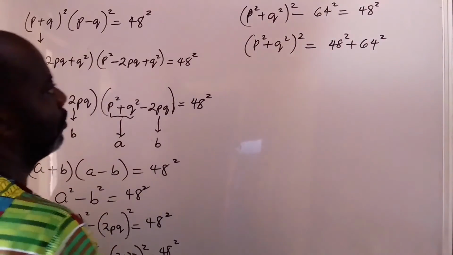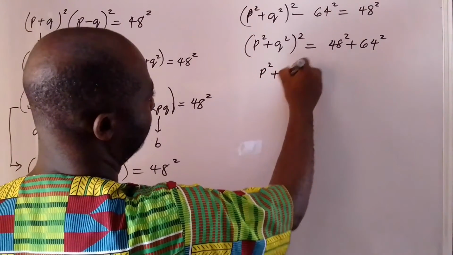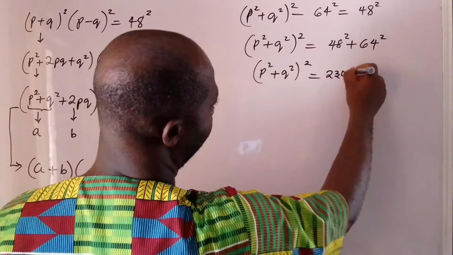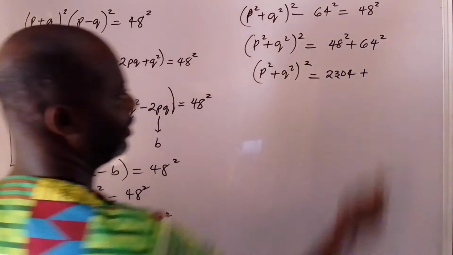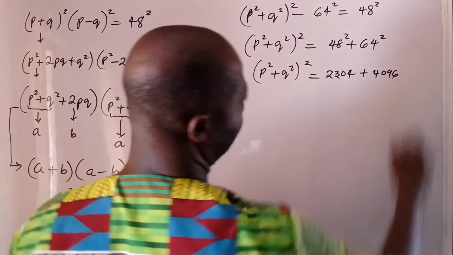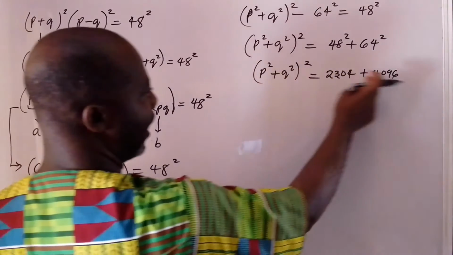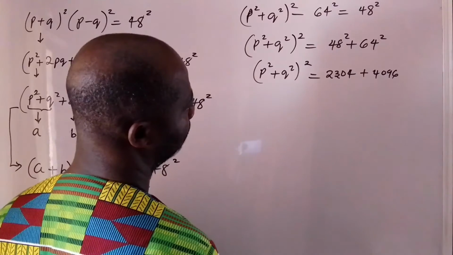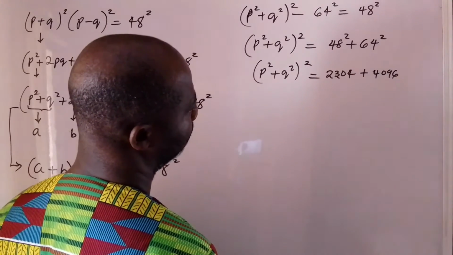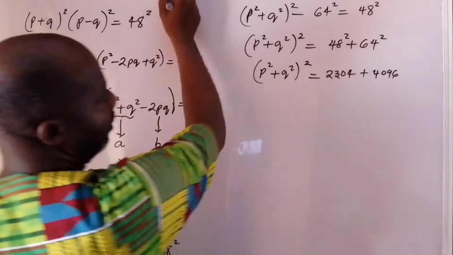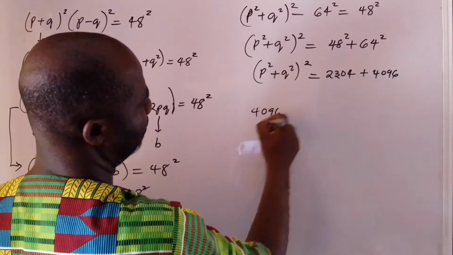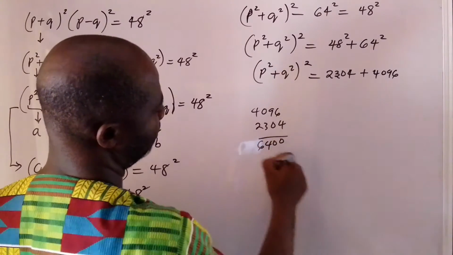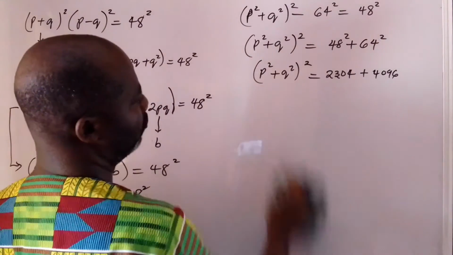Now this gives me 2,304 plus 4,096. Once I add this up, I get 6,400.